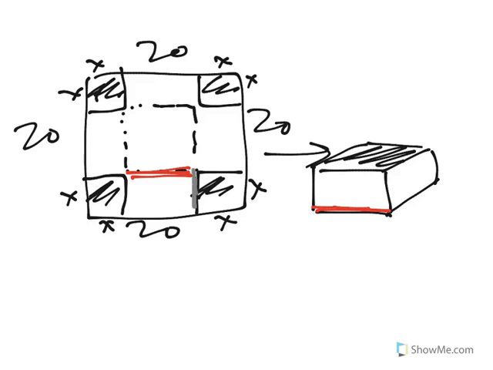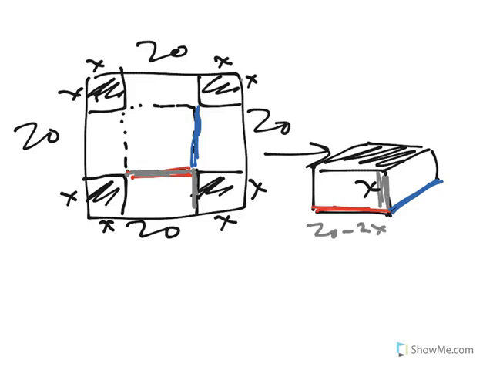This side here ends up becoming this side. This side here ends up becoming that side. And this side over here ends up becoming that side. So the dimensions of this box are x, and this red line here is not the whole 20, it's 20 minus 2x.